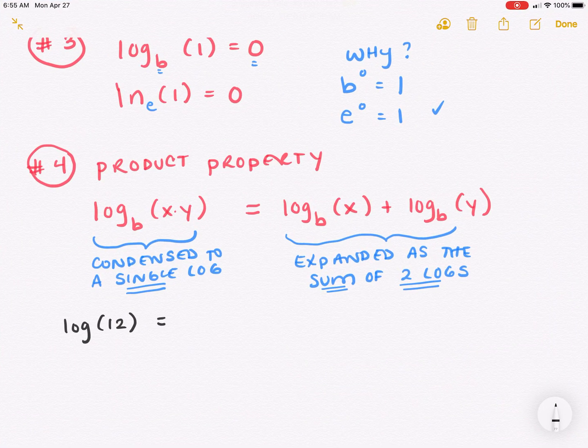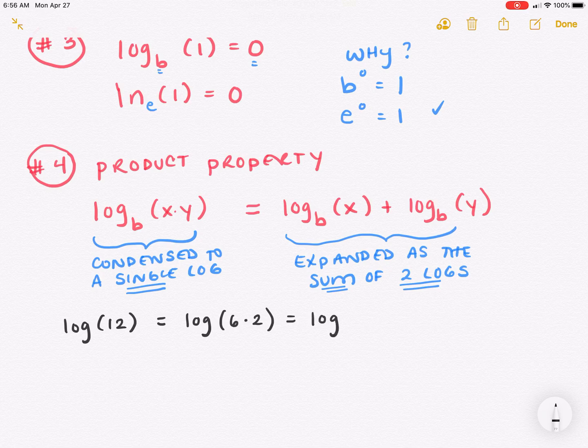I want you to think of two numbers that multiply to make 12. Go ahead and think about it. Give me two numbers that multiply to make 12. Well, regardless of what you're thinking, we'll get there. I thought of, let's say, log of 6 times 2. I hope you would trust me, it's common sense, that if you type in log of 6 times 2, you're obviously going to get the same number.